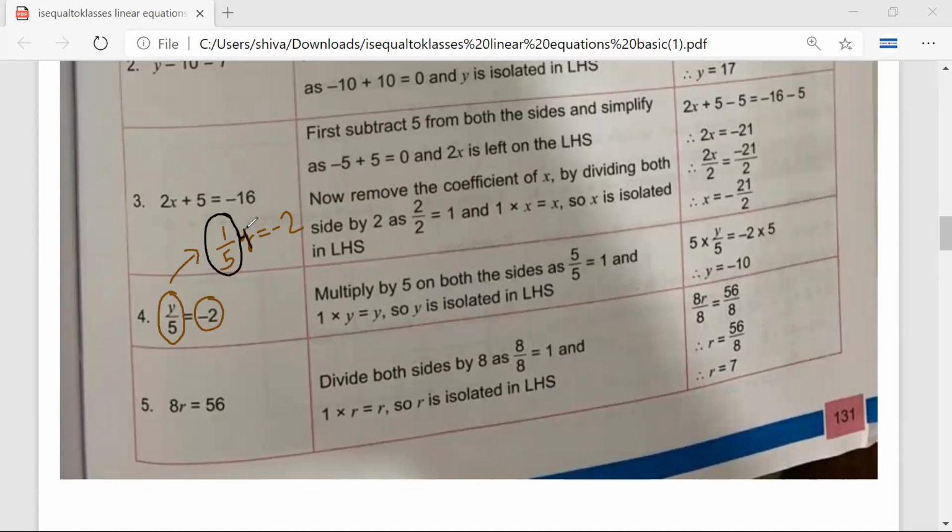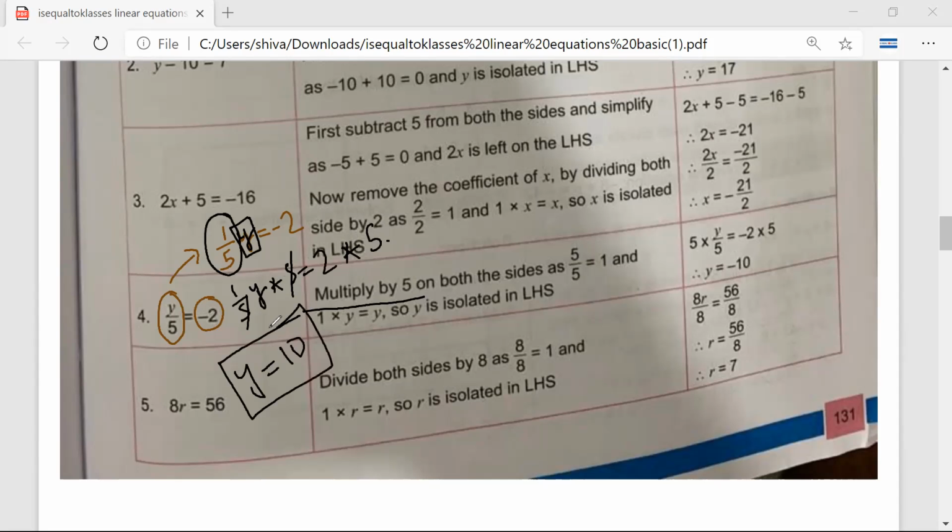No, sir. Now I want to isolate this y. So what should I do? I should multiply 5 on both sides. Why? Because 1 by 5 y into 5 is equal to minus 2 into 5. This 5 and this 5 will cancel and y would be equal to minus 10. This is a tiny doubt.